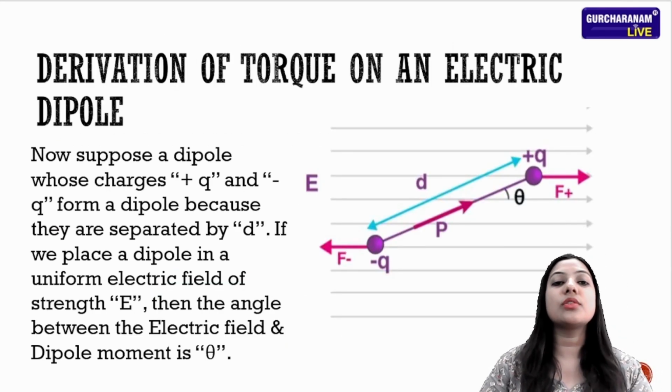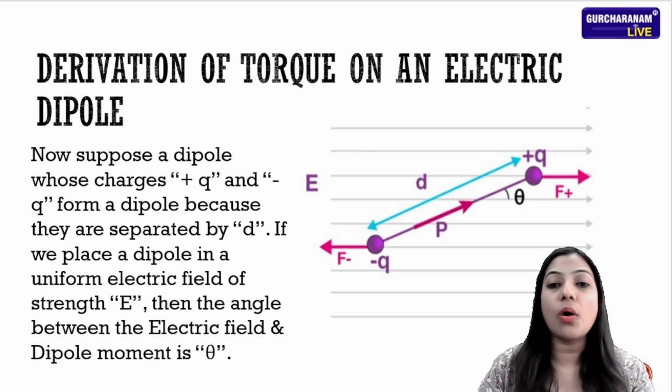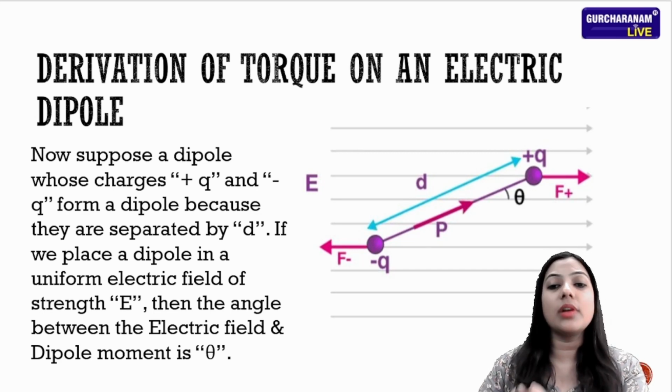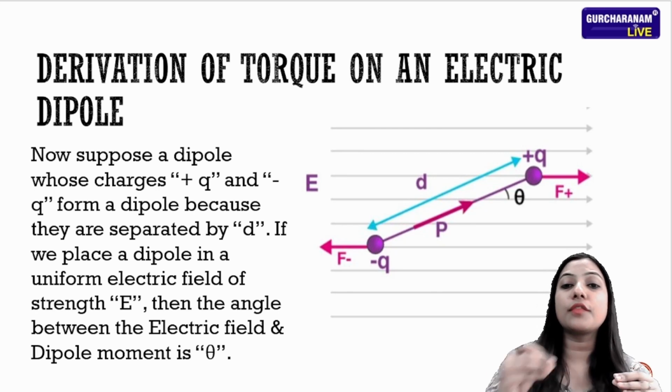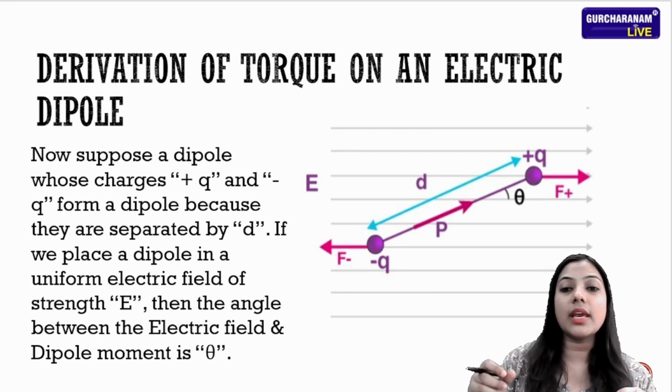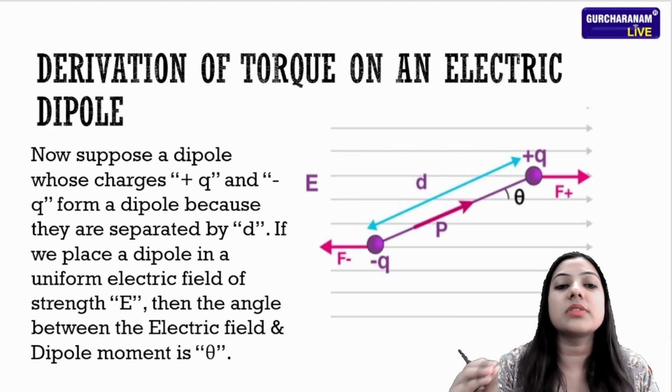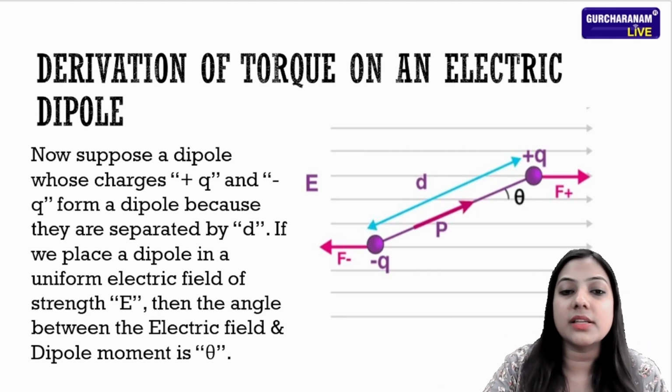Now we have to find the derivation of torque on an electric dipole. Suppose a dipole has charges plus q and minus q, separated by a distance d.